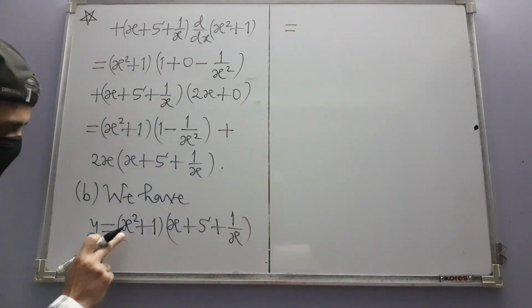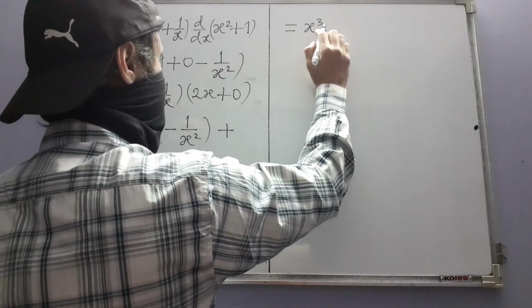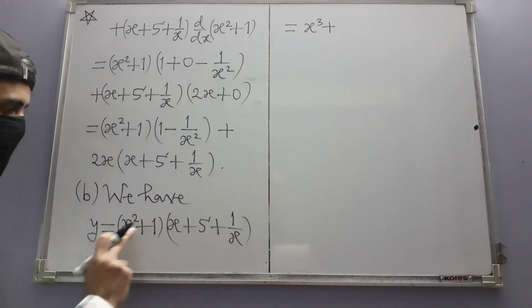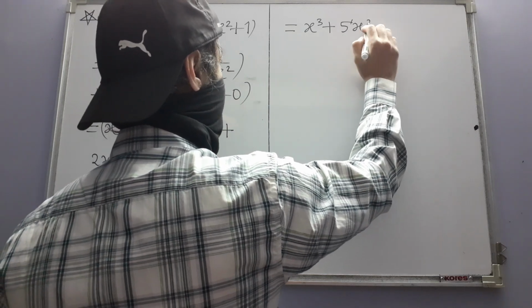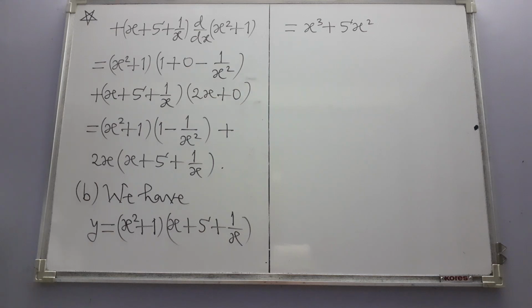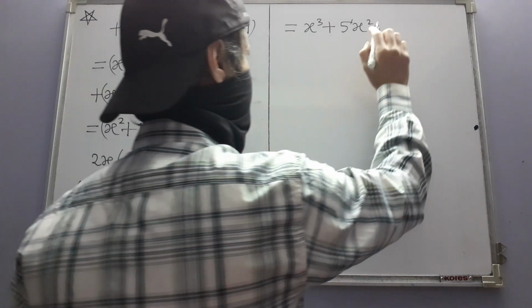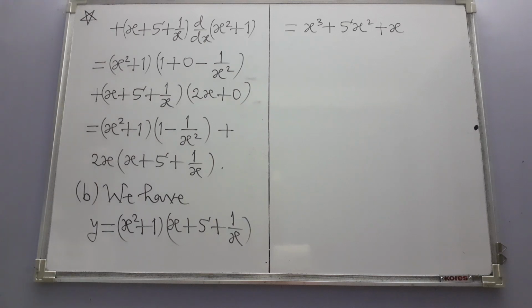Doing that, we get x square times x, x cube, plus x square times 5 is 5x square, plus x square times 1 over x, the x gets cancelled and we have x. And then we multiply these terms by 1.